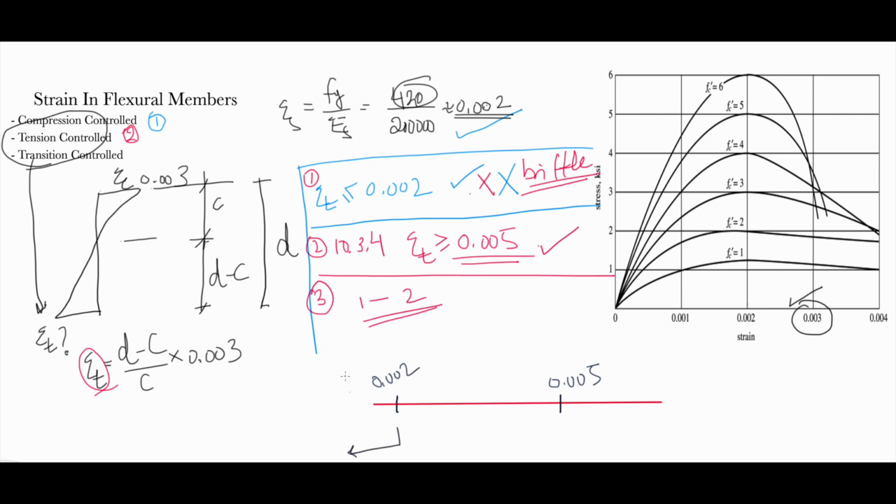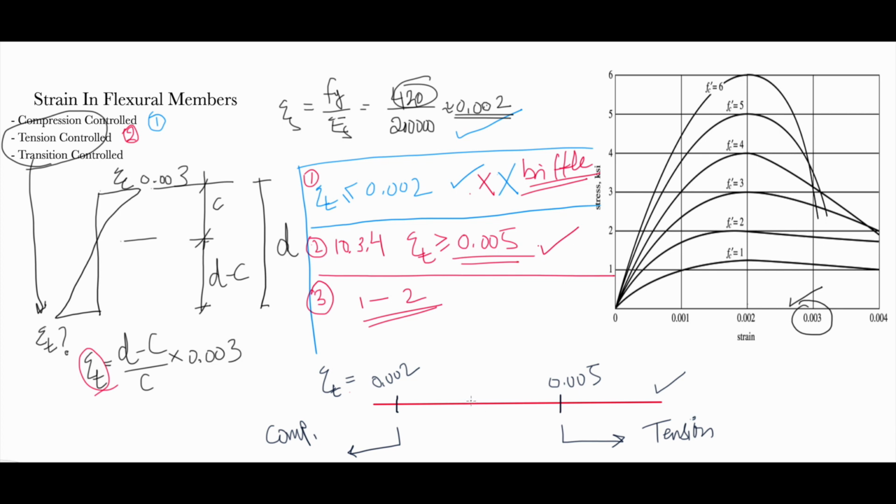These are the values of epsilon, the strain. From here going that way, it's compression controlled. It's for columns and things like that. From here going this way, it's tension control, for beams and slabs. This is the desirable one that we need to do. Between them is the transition zone, number 3, which is not desirable either.